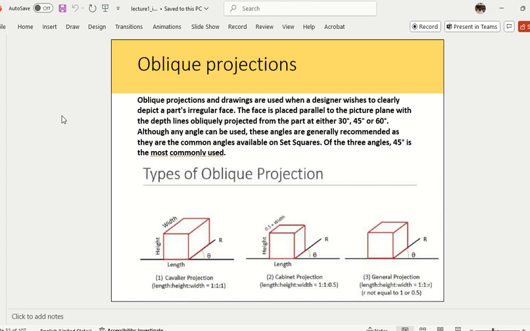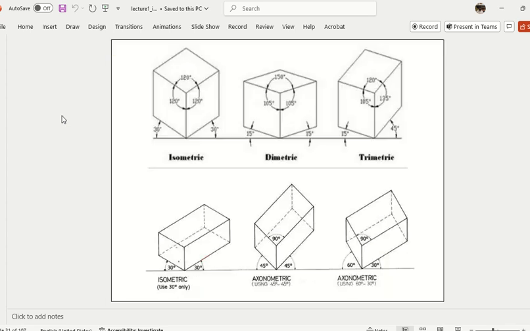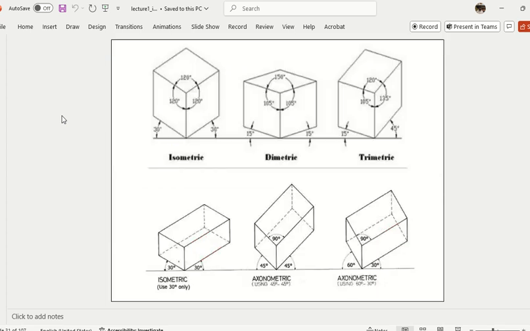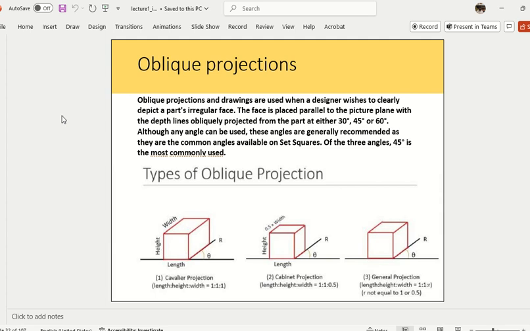This is oblique, 3D, right? This is axonometric, 3D. Can you tell me the difference between this one and this one? What's the difference?